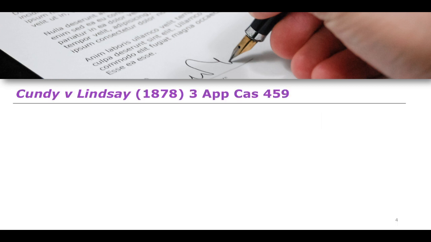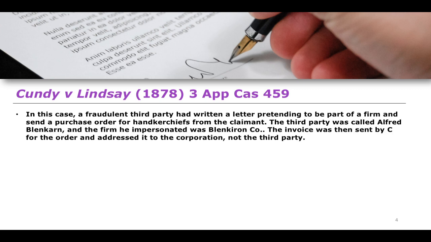And I would like to draw your attention first to the 1878 case of Cundy v Lindsay. This was a case in which a fraudulent third party had written a letter pretending to be part of a firm and sent a purchase order for handkerchiefs from the claimant. The third party was called Alfred Blenkarn, and the firm he impersonated was Blenkiron Incorporated.